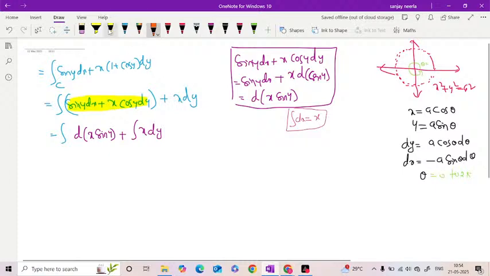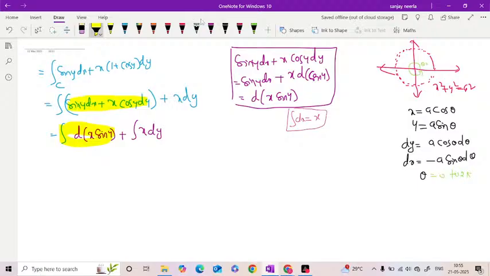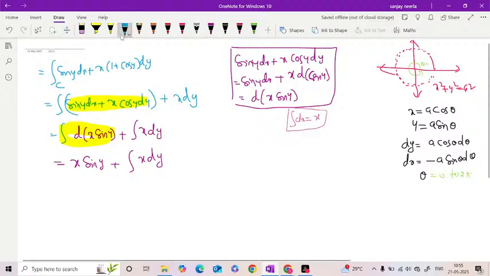The integration of this one is x into sin y only, plus the integration of x into dy. Now this is without limits. Now I am taking it with limits, which means converting into polar. The problem has now become simple. Now come to the polar form.